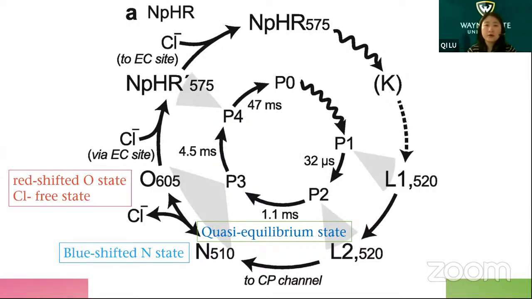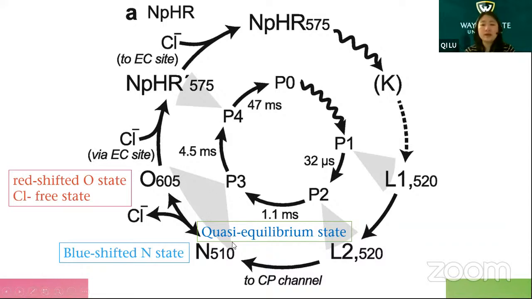Let's first take a look at MPHR. MPHR at the resting state is labeled P0, and the other intermediate states are labeled P1, P2, P3, P4, P5 in other chloride pumps.